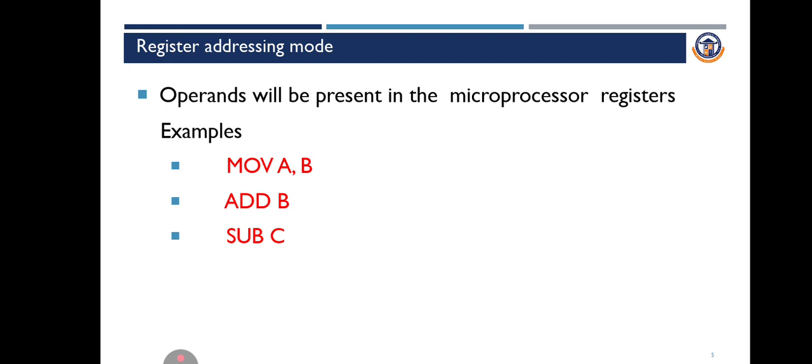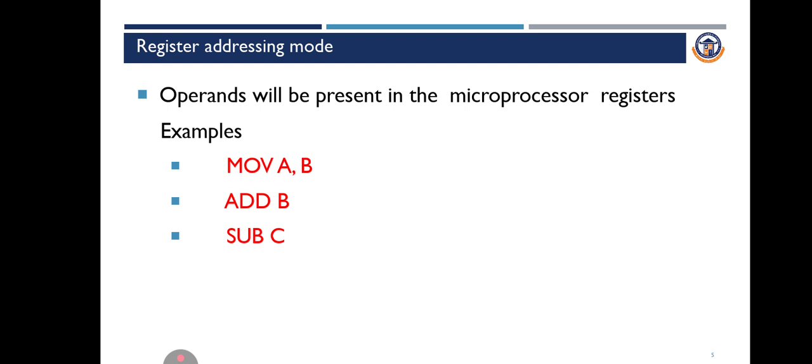In the register addressing mode, the operand is present in the microprocessor register itself. If you take the example of MOV A, B, the content of B will move to A. ADD B states that the accumulator and the B register will be added, and the result will be stored in the A register.